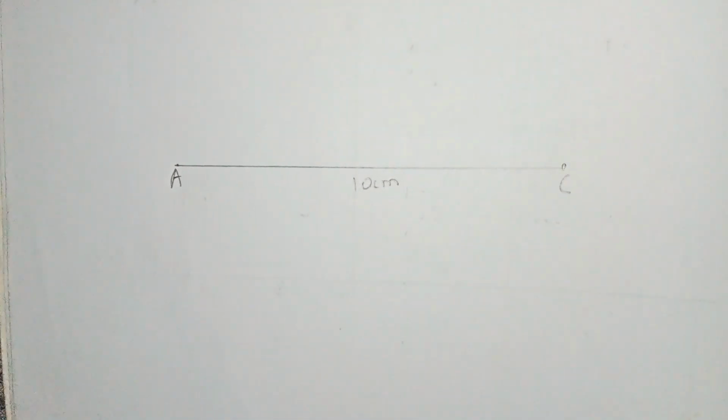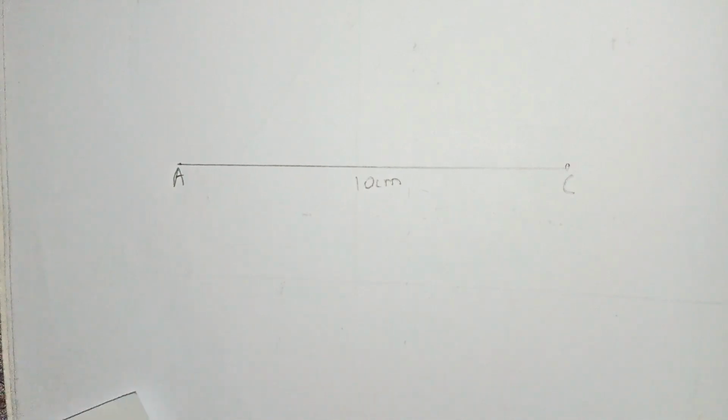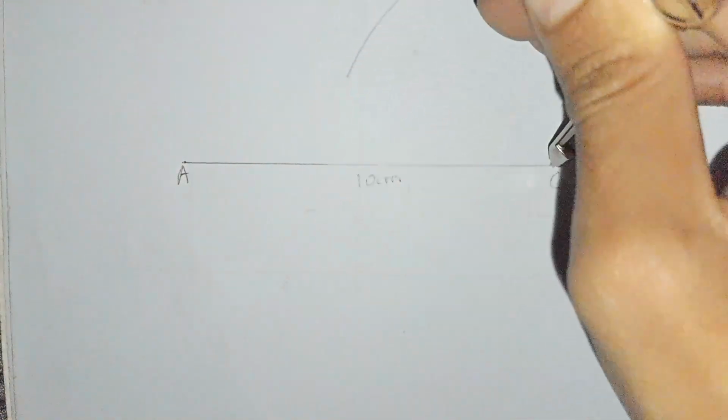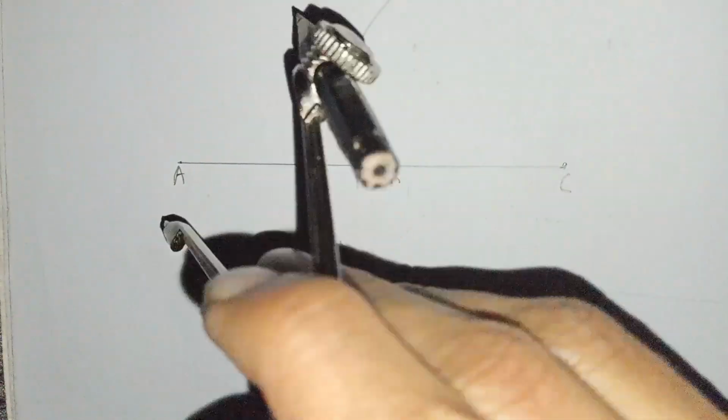And first we have to draw the perpendicular bisector of this to find the midpoint.